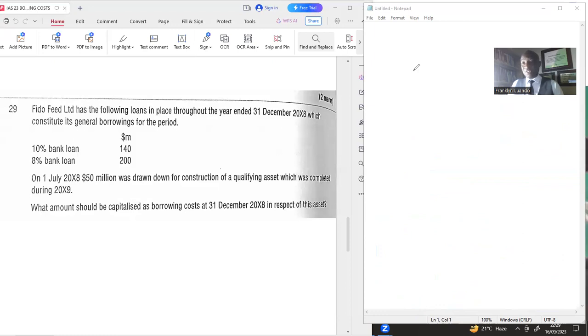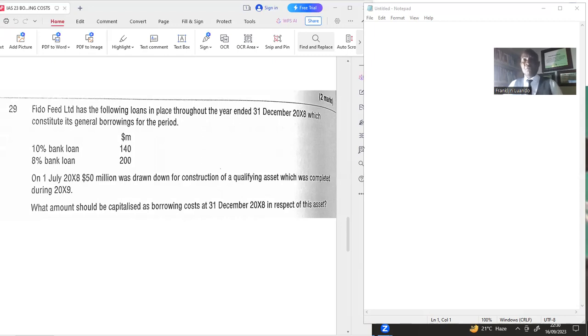Any period that is more than 1 month, and in that period there was no activity, those periods should be excluded from the calculation of interest. Very important point. Only the period of activity should be considered in the calculation of interest to be capitalized.